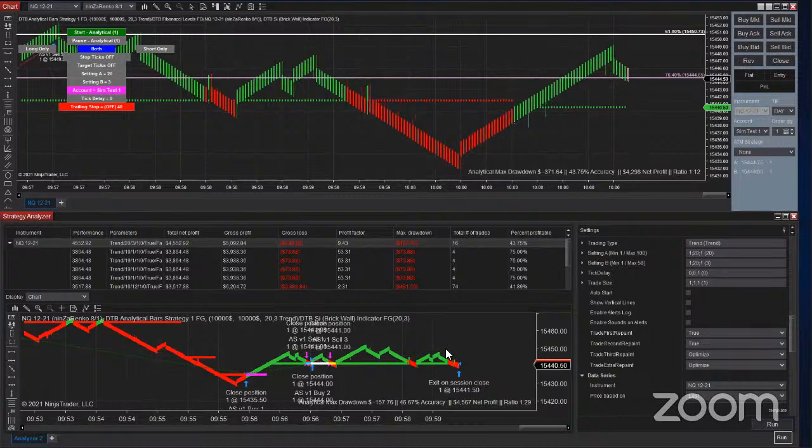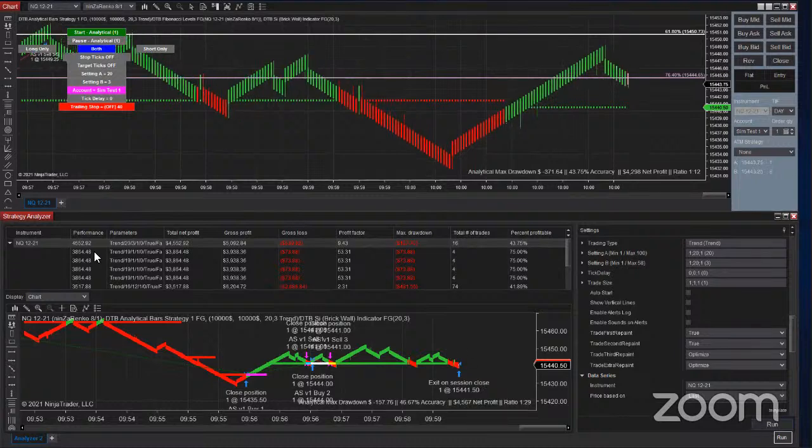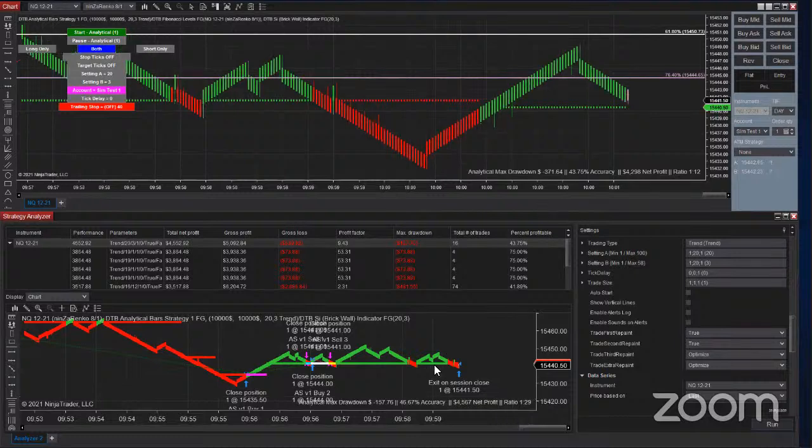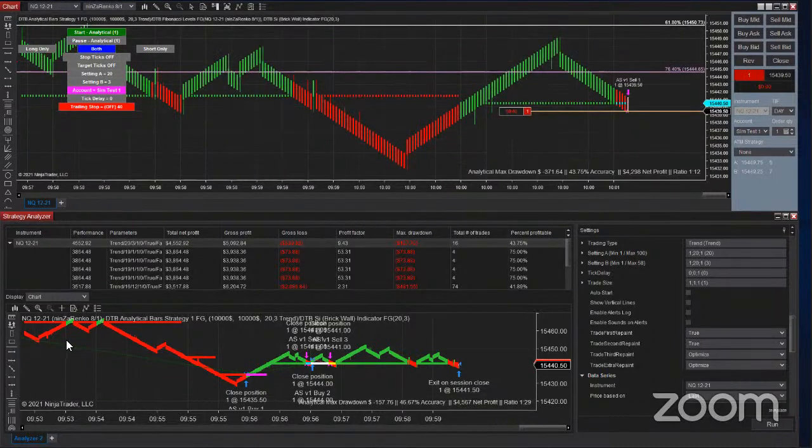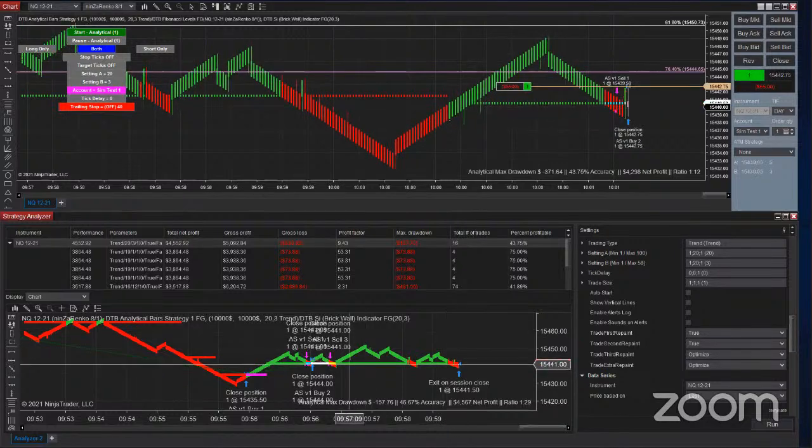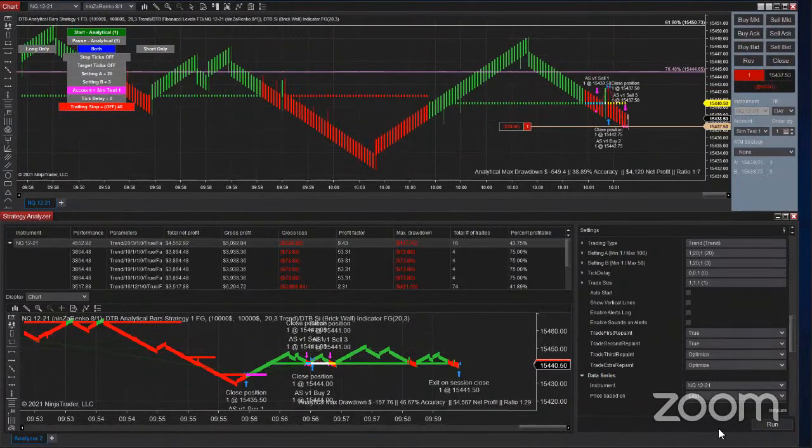The settings that I've got selected are still showing the top of the list, so I'm not going to be adjusting that. I'm just looking at what's happening around there.